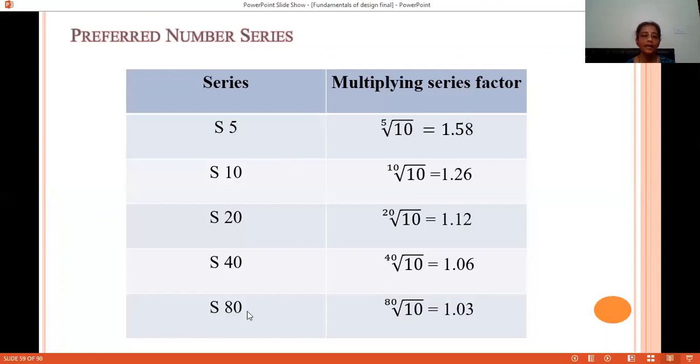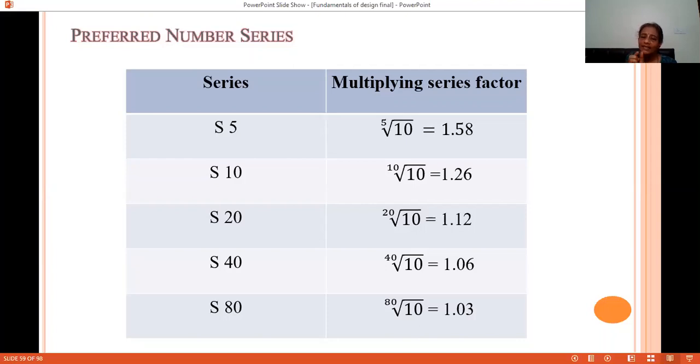On the other side, if we are using S40 or S80, we can see the multiplication factor is 1.06, which is too small. If the first value is 10, the second value will be 10.6, the third value will be 11 point something, and the fourth value also will be 11 point something.